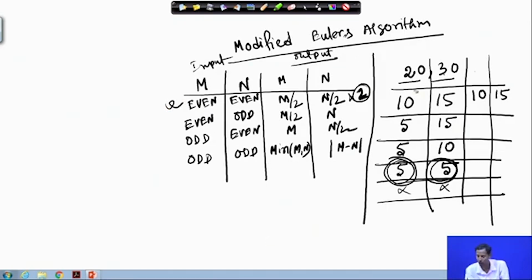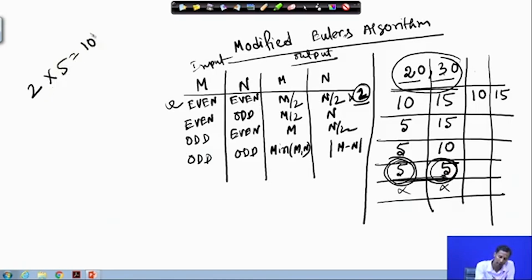Here, how many times are we finding this even case? Only once, so I have to multiply it with 2 only once. Here for 5 and 5 the value is same, and even and even happened only one time, so this will be multiplied with 2 and I will get the result of 10.